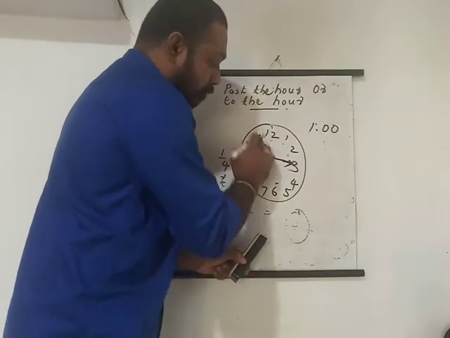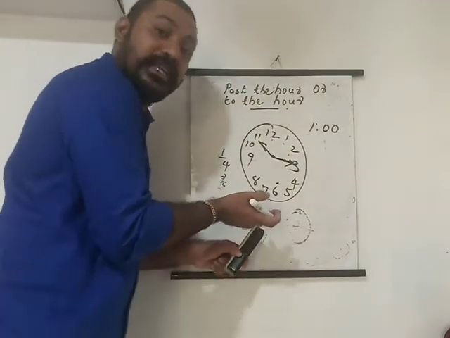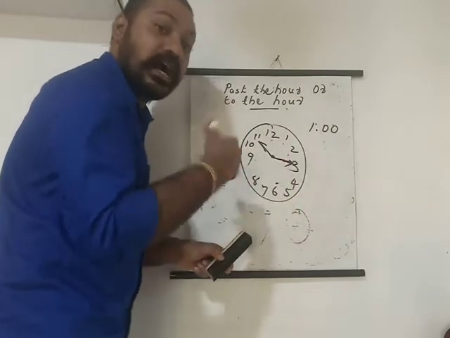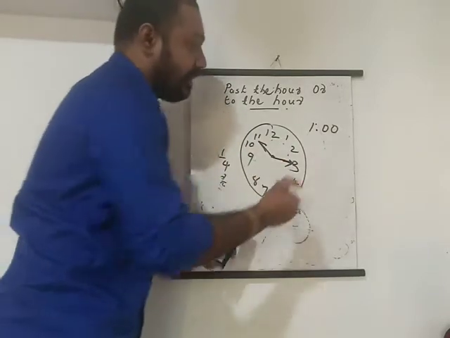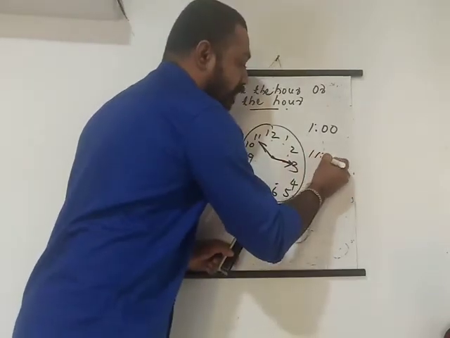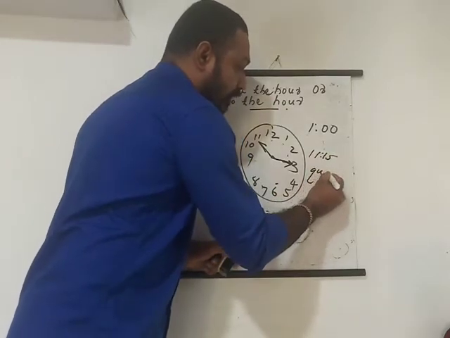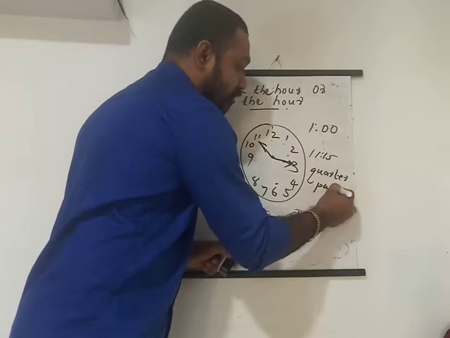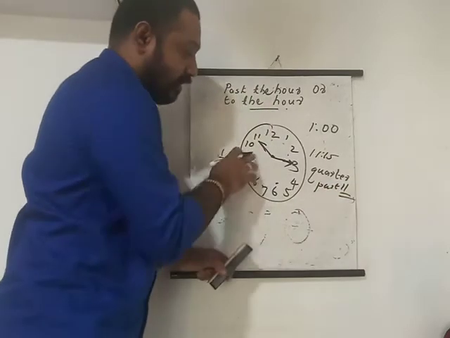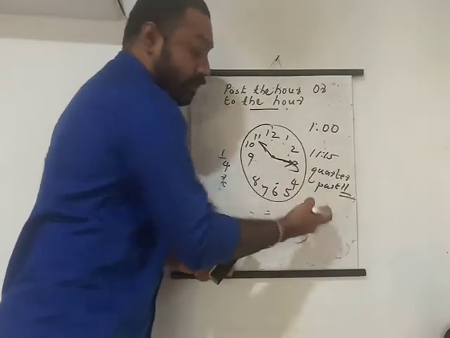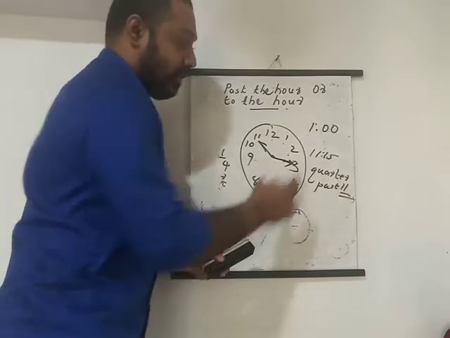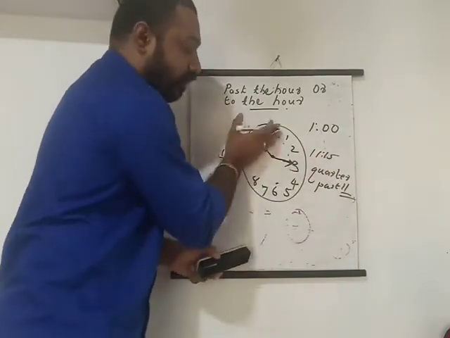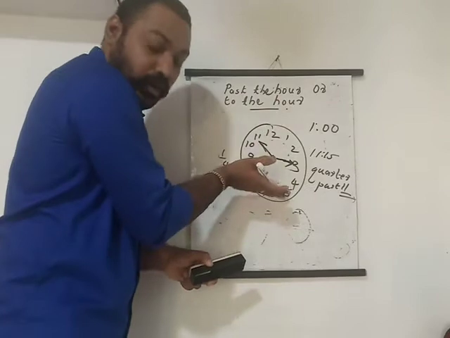That means 11 മണി കഴിഞ്ഞ് 15 മിനിറ്റ്, 11:15. We can read it as 11:15 or we can say it as quarter past 11. Understand? Our hour hand is on 11, so we will say quarter past 11. Quarter means it completes its quarter rotation.